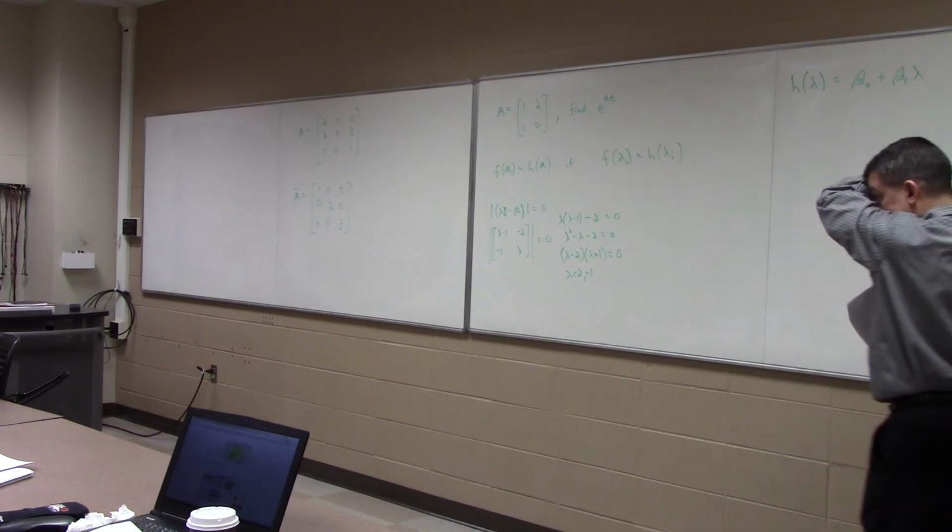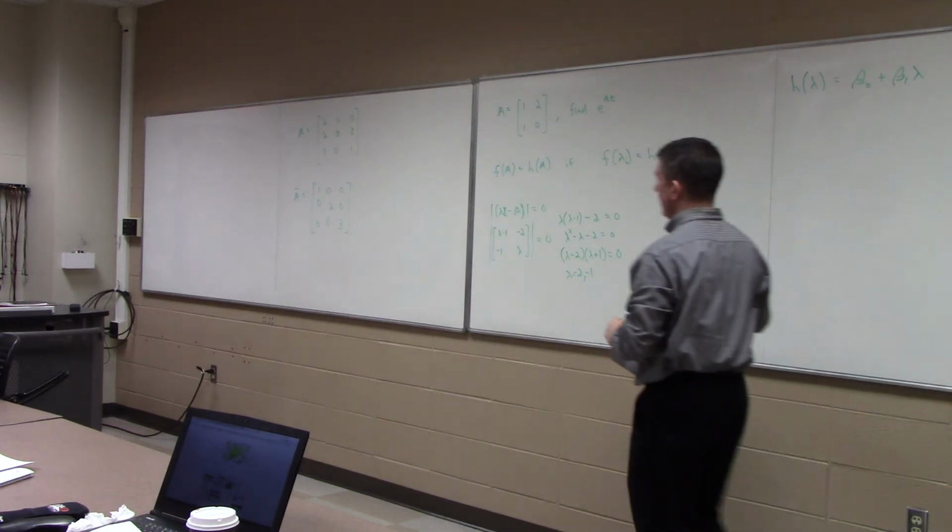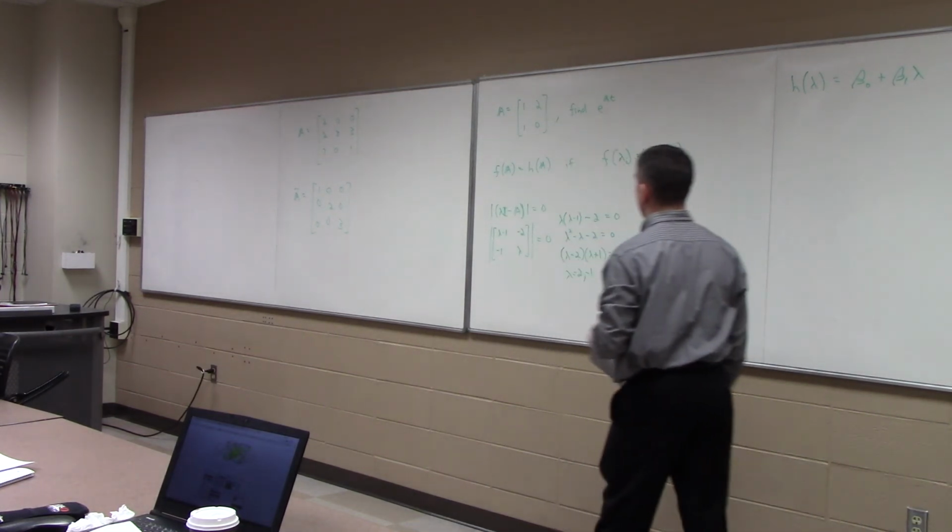So my polynomial is going to have 2 unknowns. We're going to solve it by evaluating each of these things, okay?